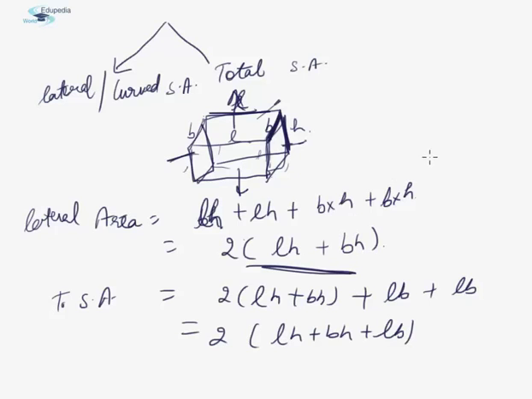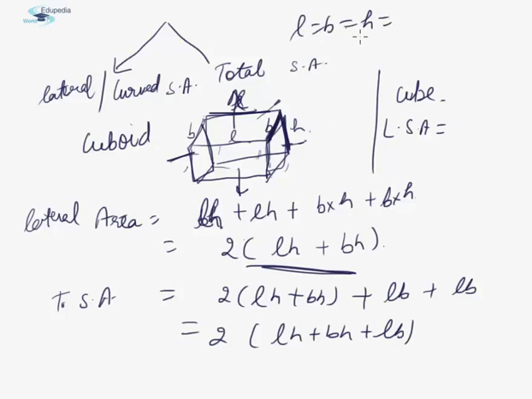Similarly, we have cube. This was cuboid, and for cube, the lateral surface area will be, friends, cube is cuboid with all L, B and H having the same value, that is say A. So in place of all these L, B and H, we will just substitute A to get the lateral surface area and total surface area in case of cube.